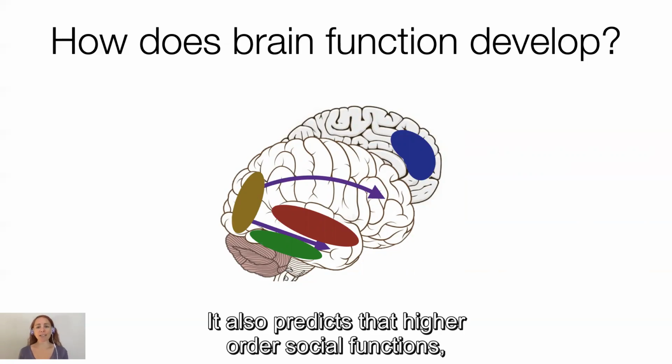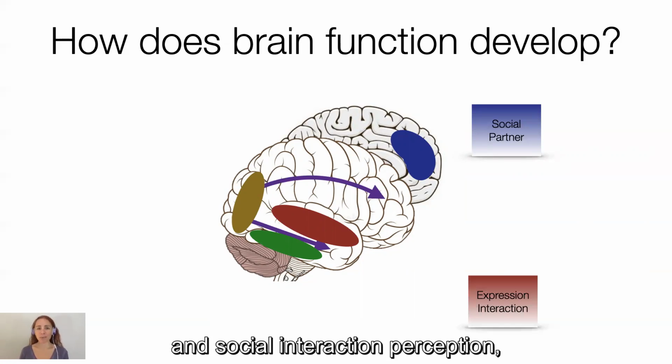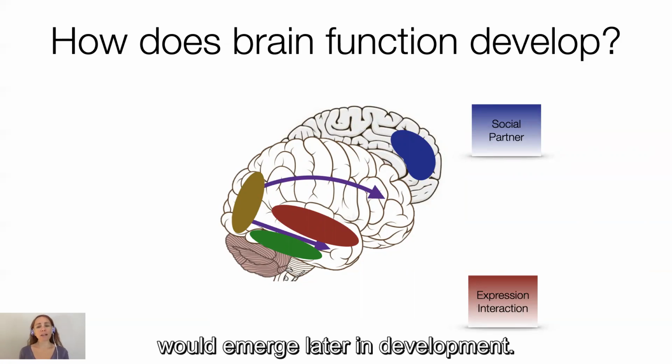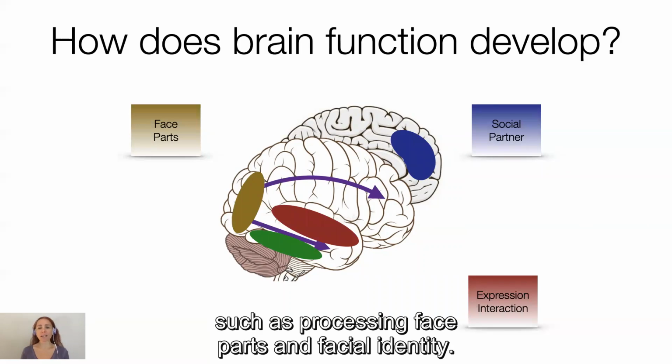It also predicts that higher order social functions, such as social partner identification and social interaction perception, would emerge later in development than face-specific perceptual functions, such as processing face parts and facial identity.